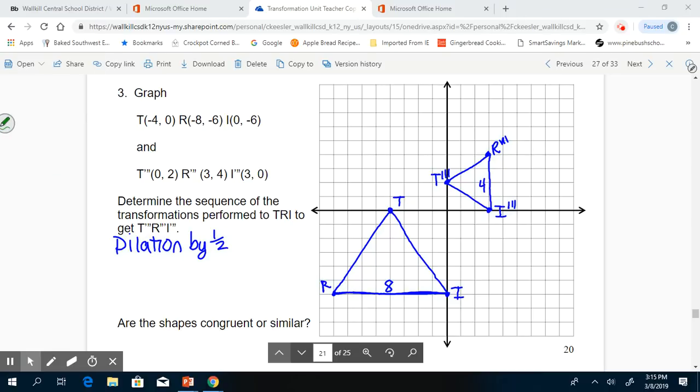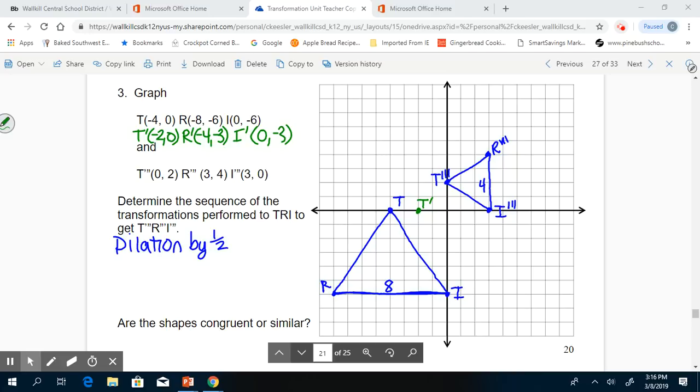So let's go ahead and cut all of our original coordinates in half. So T prime is going to be -2, 0. R prime is going to be, cut it in half, -4, -3. And I prime is going to be 0, -3, cutting both of those in half. So let's go ahead and graph that. We get -2, 0 is left 2, stay at 0.